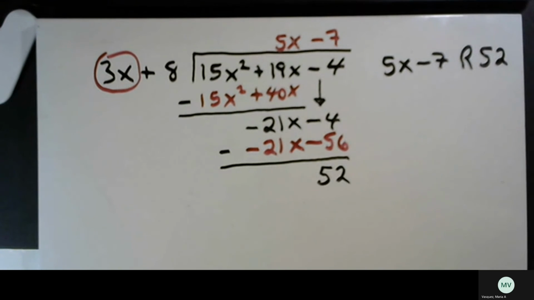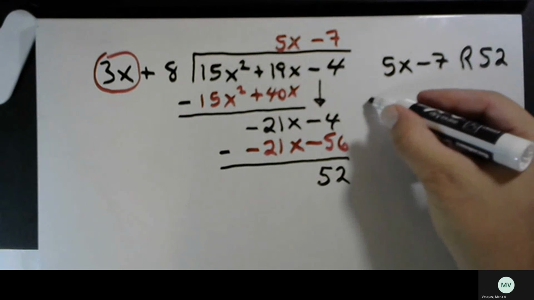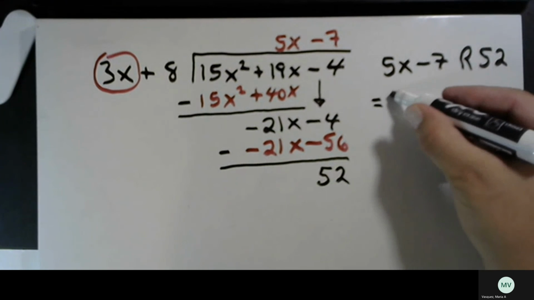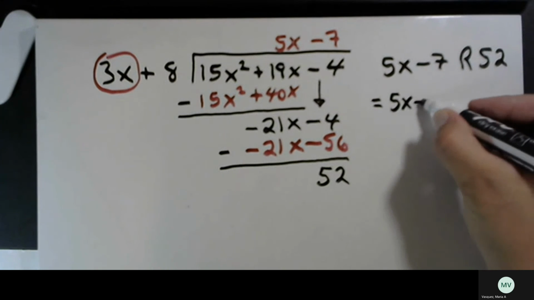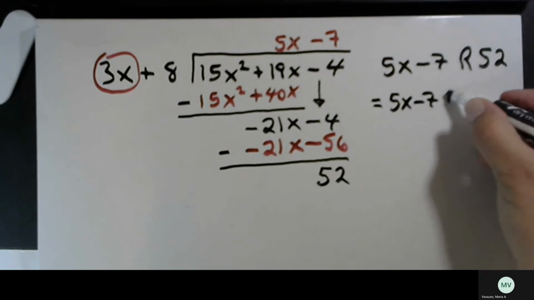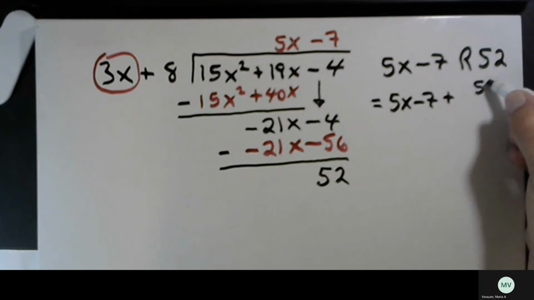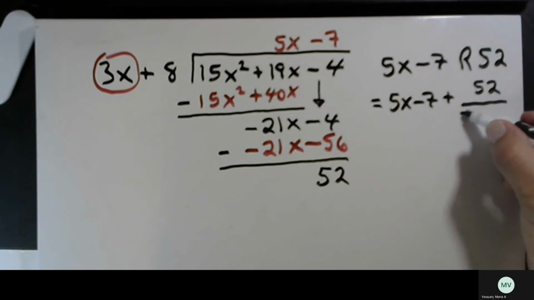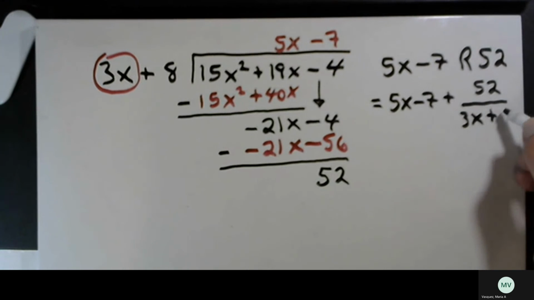That's fine. But the way they're going to want you to write it is in that divisor form, where it would be 5x minus 7 plus 52 over the divisor, 3x plus 8.